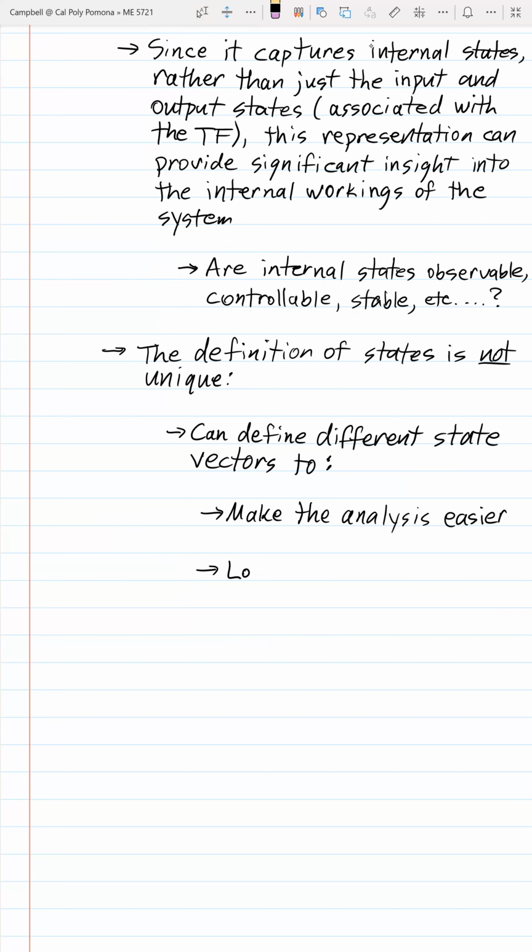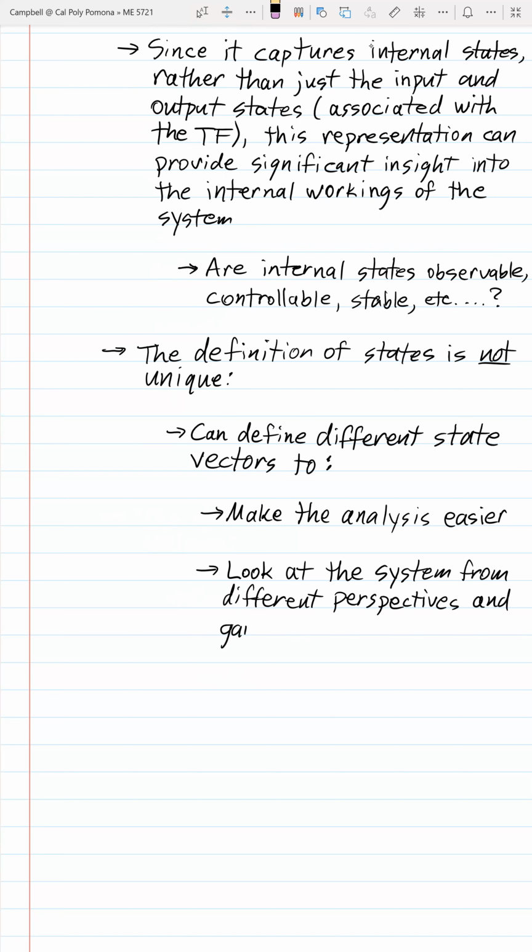And of course, it allows us to look at the system from different perspectives. And of course, that means that we can gain additional insights into what's going on with that system.